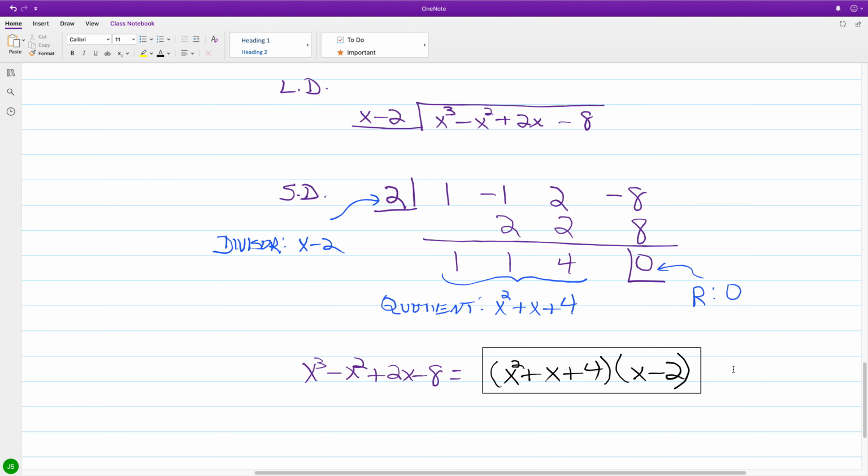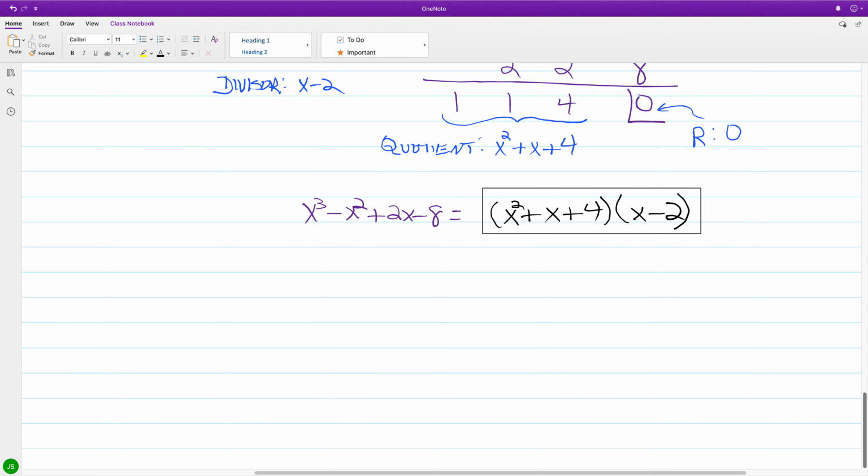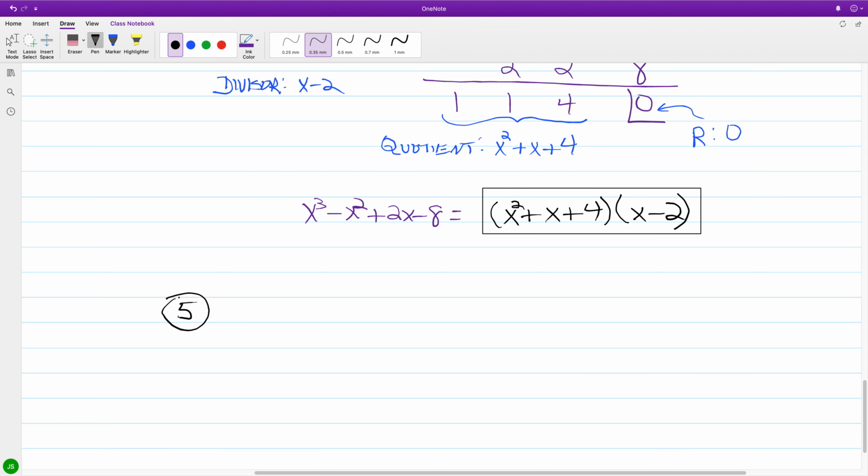Now, in terms of looking at quotient and remainder, with number 5 we have the divisor x plus 1, and the dividend is negative 2x to the 4th.